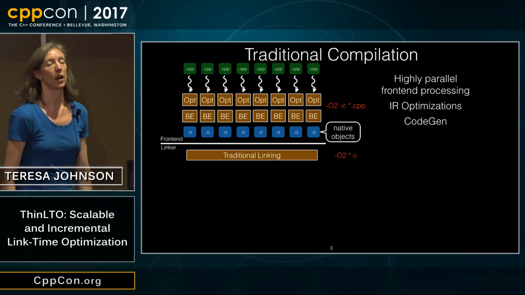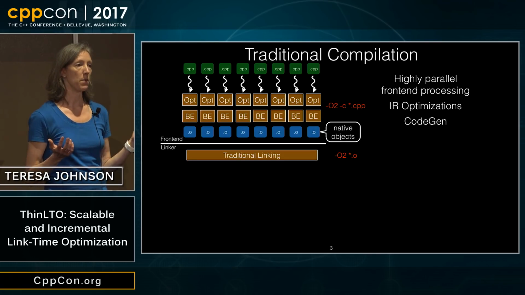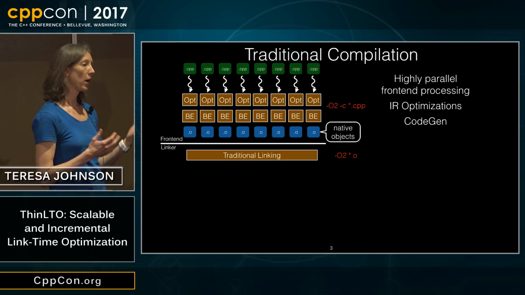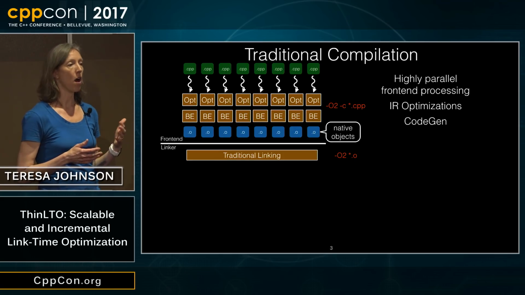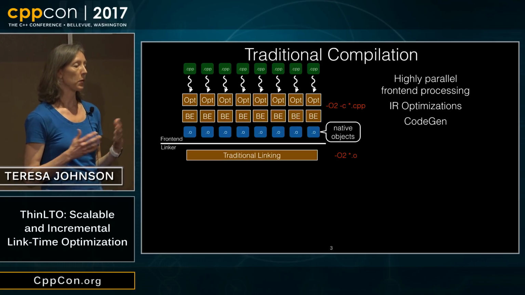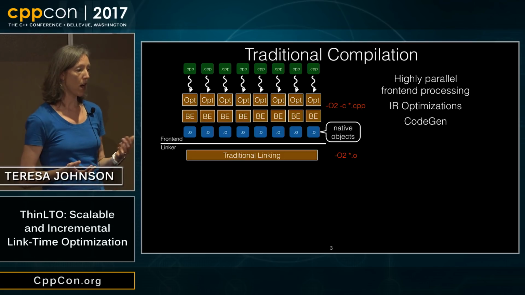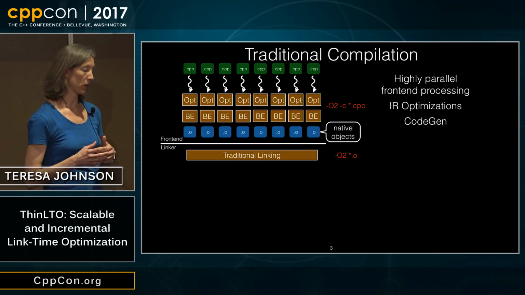Okay, so looking at just a traditional compilation. Normally you have a bunch of processes that each parse a C++ translation unit and turn it into IR, which is the compiler's internal representation of that source code, and then feed it through a bunch of optimizations that operate on the IR, and then finally generate native code into .o files.